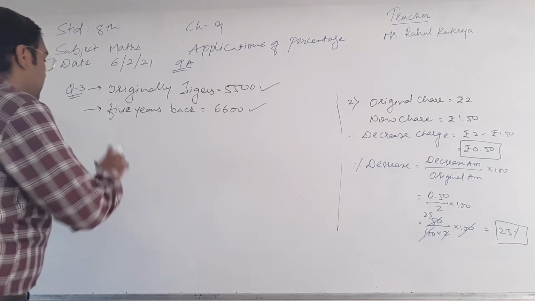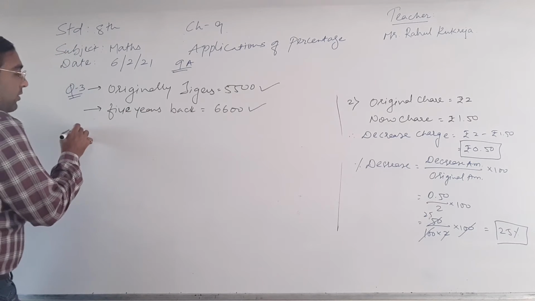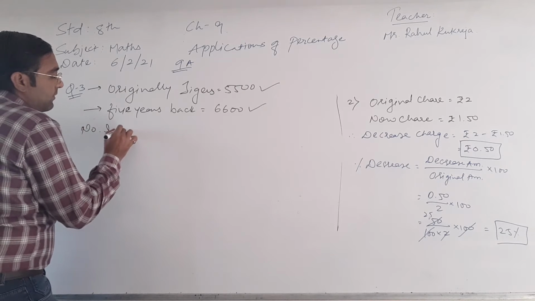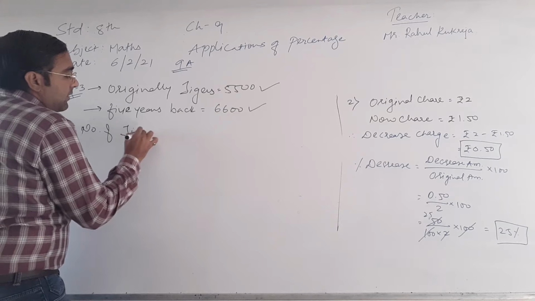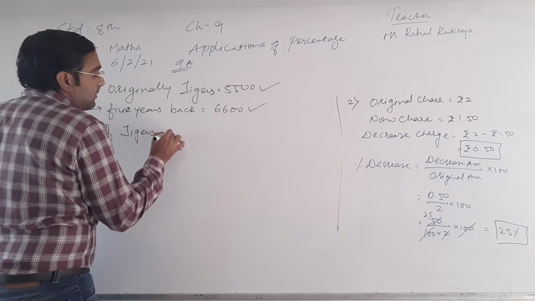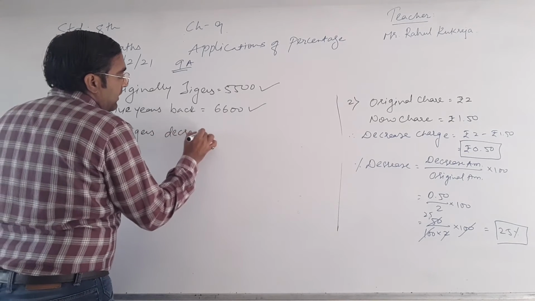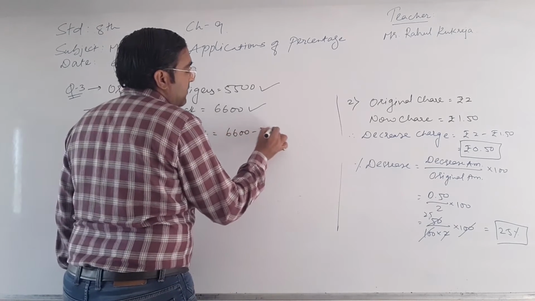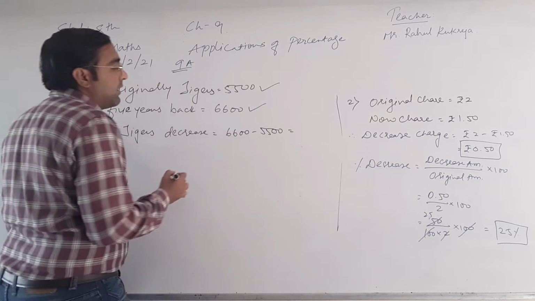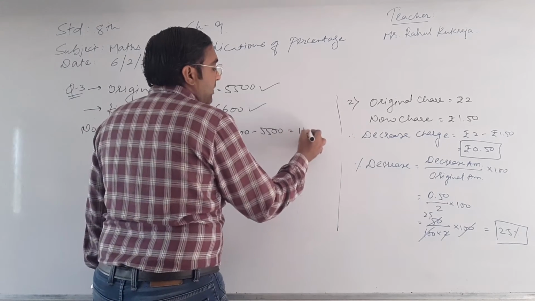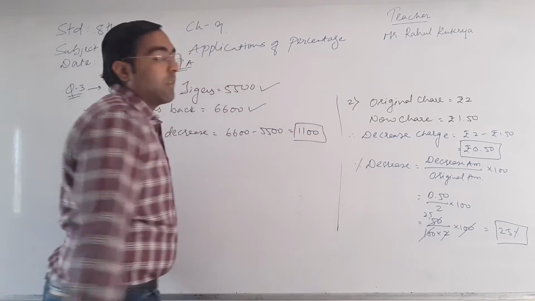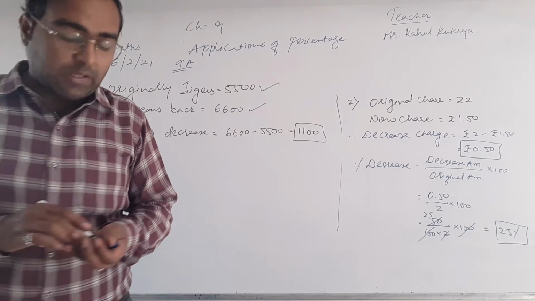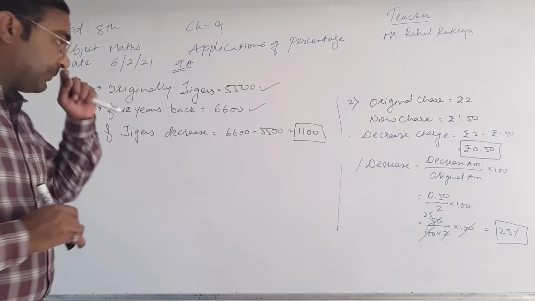So here we are taking the decreased amount. The number of tigers decreased is 6,600 minus 5,500. So how many tigers are decreased? 1,100 tigers are decreased.